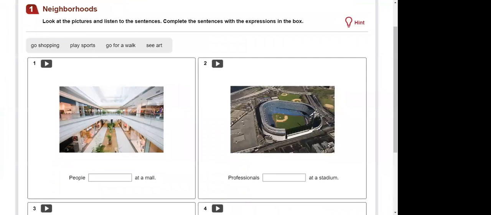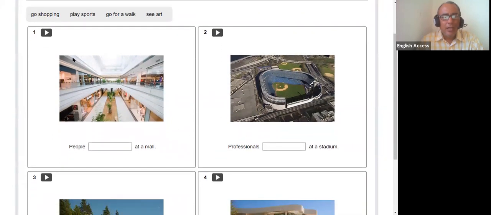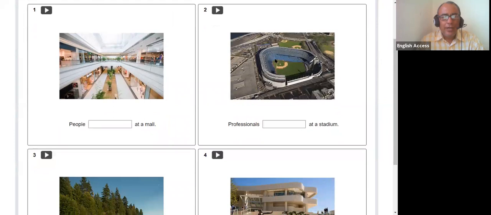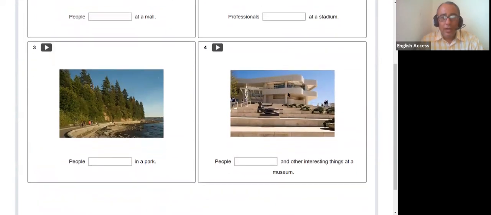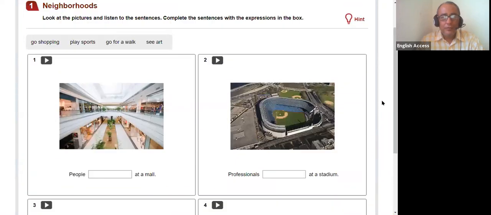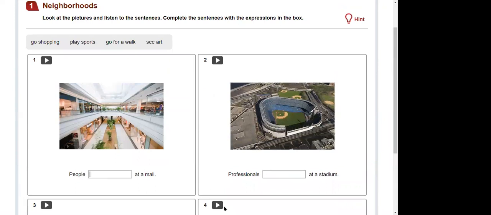Very good. What is the place where you can go shopping? Here we have different places: a mall, a stadium, a park, a museum. A mall. Where do you go shopping? Yeah, at a mall. Go shopping.